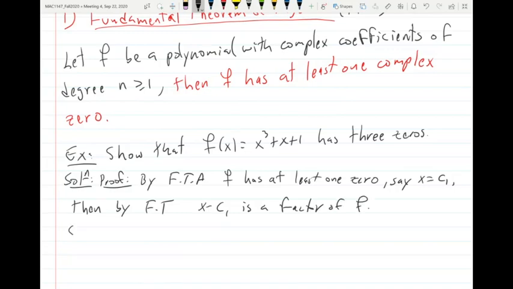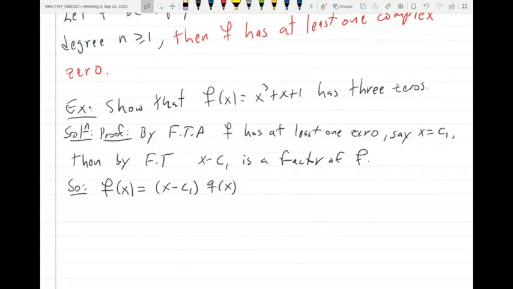So far we know that f of x has the form x minus c1 times some polynomial, let's call it q of x, where the degree of q of x, when you do division, equals, who can tell me what's the degree of this q?